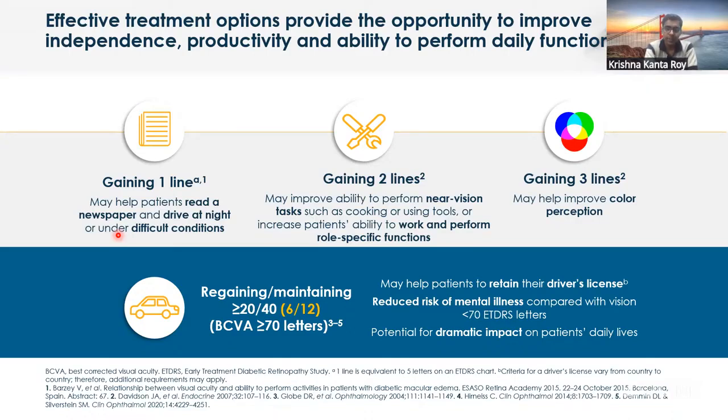Now, what is the real life meaning of visual acuity, that is 6/6, 6/9, or 6/12? In multiple areas, 6/12 vision is taken as a limit, because if vision is better than 6/12, they can retain their driving license and do their day-to-day activity fluently on their own.